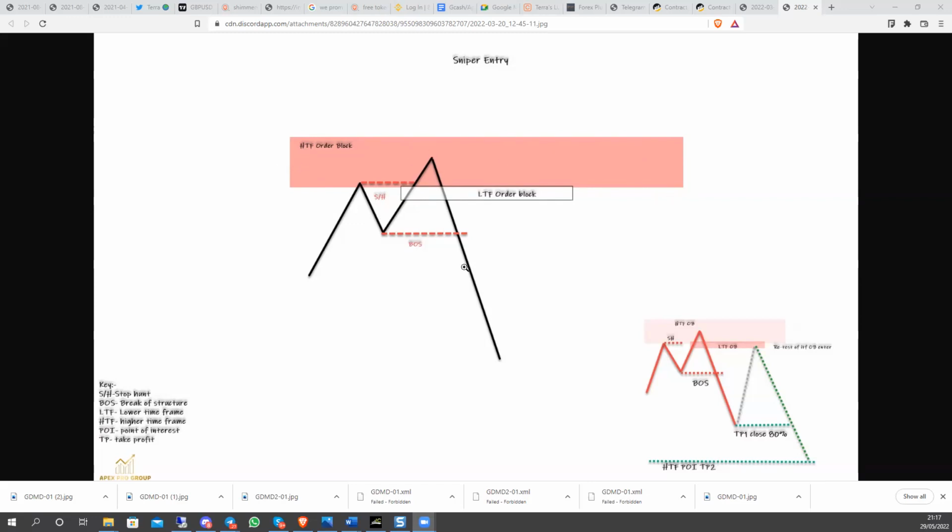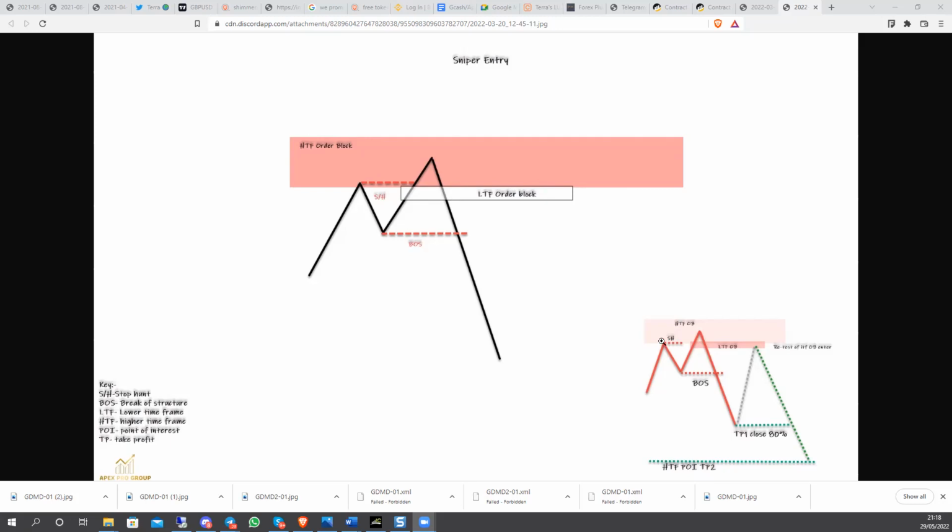And then we see on the lower time frame the higher low that created this higher high being taken out, giving us a break of structure. And then we can look to trade away from this lower time frame order block around this higher time frame point of interest. So we have a stop hunt, a break of structure, a lower time frame, a higher time frame point of interest, and TPs are take profits.